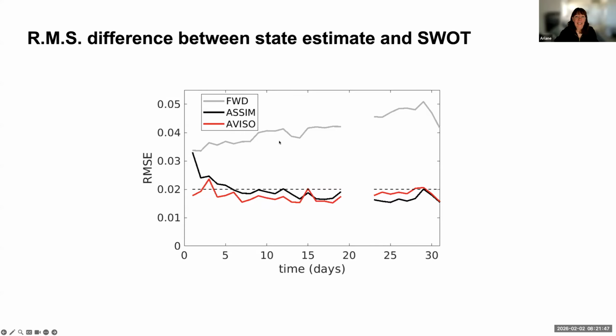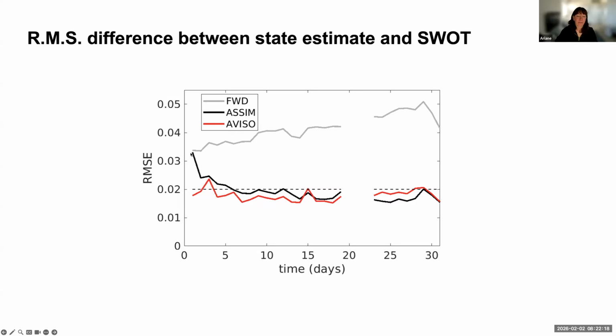So we get a slight increase in misfit over the course of the unconstrained run. And then after data assimilation, we have this black curve. The uncertainty that we've assigned to the SWOT data is 2 centimeter, and that's based on Jinbo's work and papers. And for most of the state estimate, we are within this 2 centimeter uncertainty.